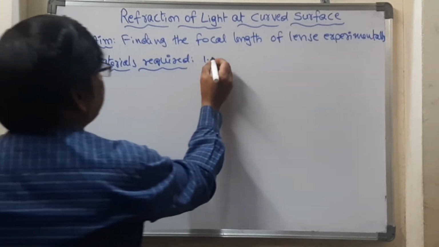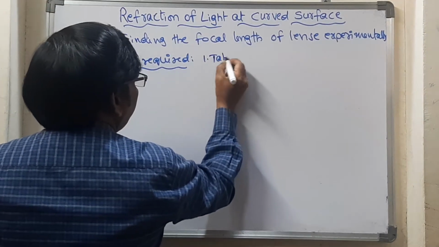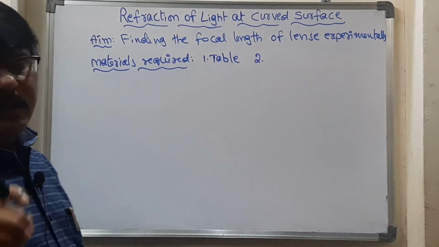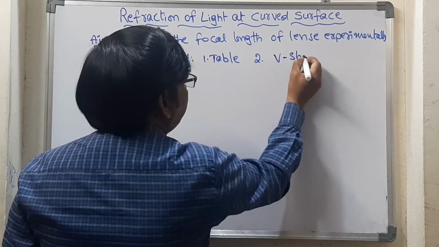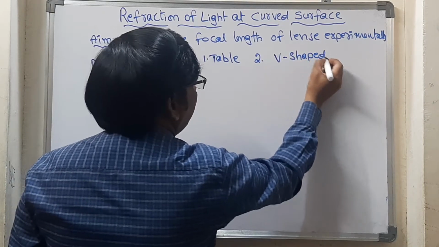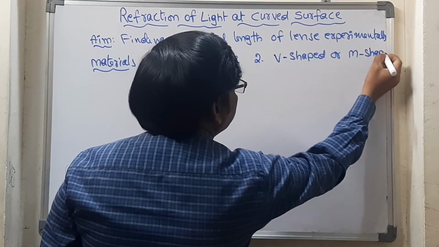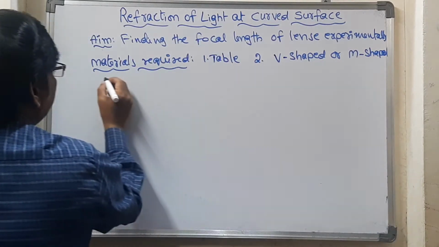So let us take one table, and on the table we will place one V-shaped stand, also we can say M-shaped stand. V-shaped or M-shaped, we can consider either. M-shaped stand we will take.